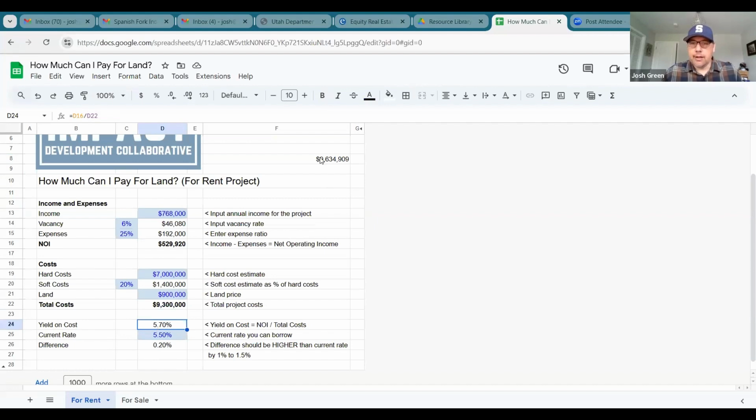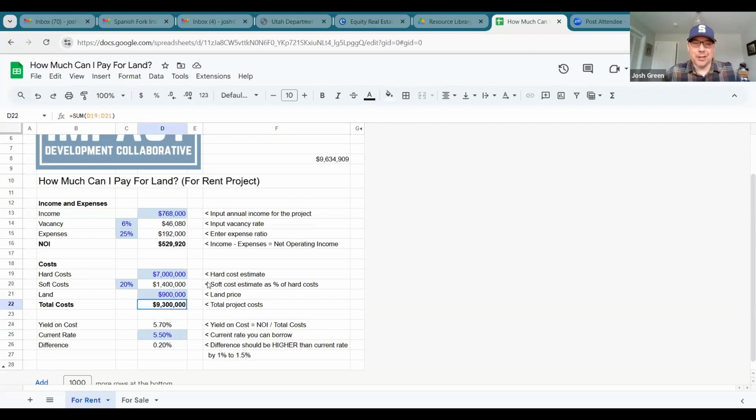So that's when we look at the difference between the value of $9.6 million and the cost of $9.3 million. A lot of developers and investors want to see a spread of at least 1 to 1.5% over the current cap rate. So in this case, we're pretty close.